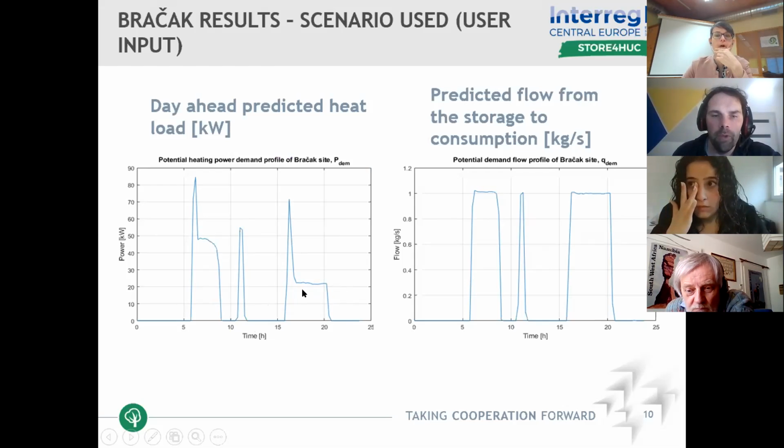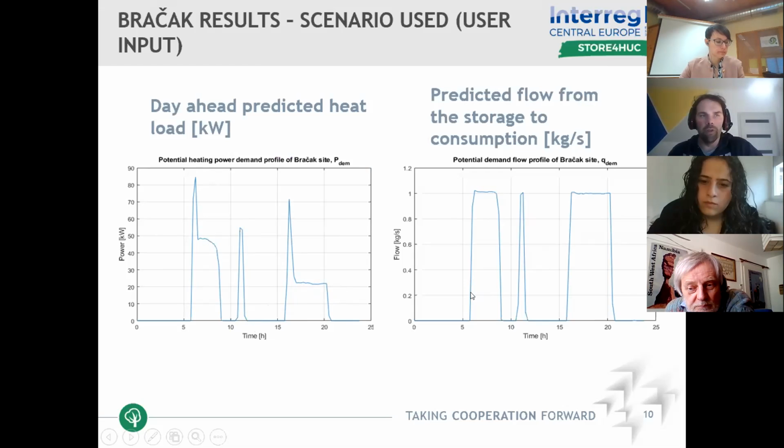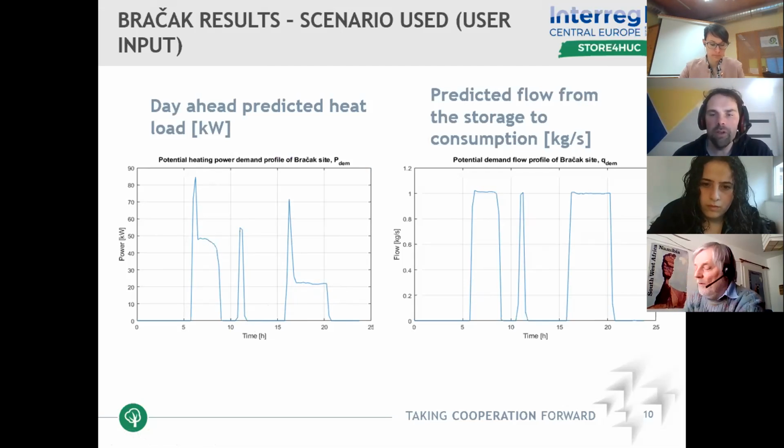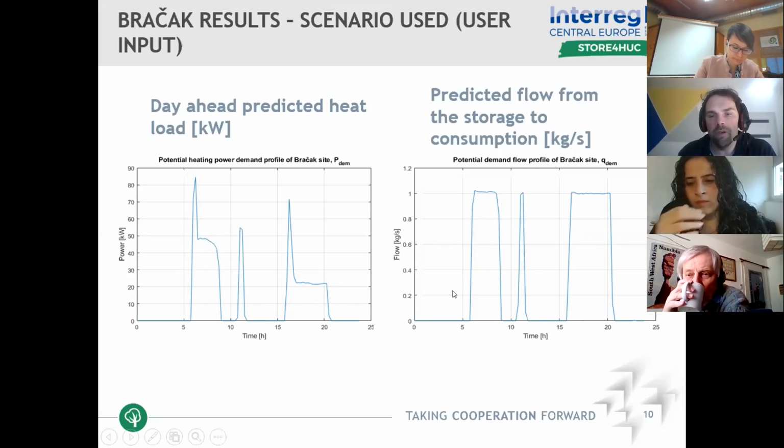And besides this heat demand profile, we have also the flow of the medium coming out from the storage towards the users, and this resembles these 3 peaks that exist. So you can see how this looks.